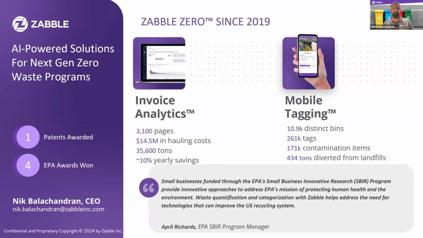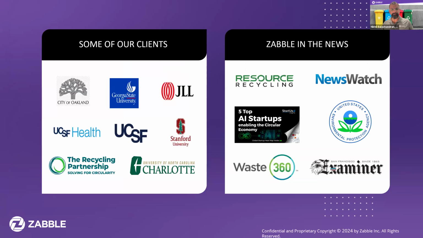That's our scope. And we've received 4 awards from the US EPA to help develop this technology, bring AI into the hands of jurisdictions and generators to help advance the recycling infrastructure in the US. Next slide. So we have several clients from large educational and health institutions to corporations, nonprofits, and now recently we're working with cities. Next slide.